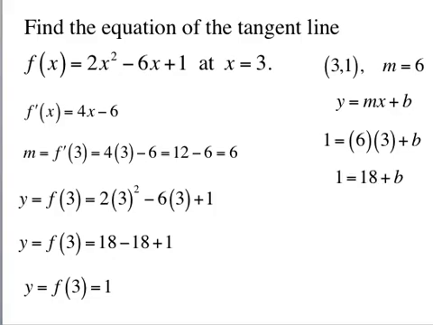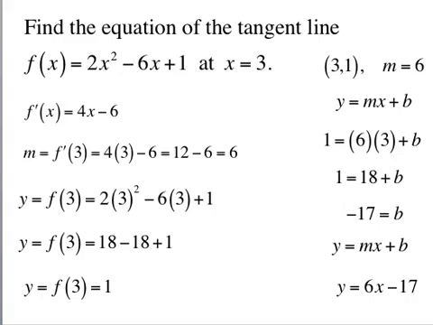Subtracting 18 from both sides, -17 is b, and m is 6. We want to get the equation of our line. We're going to again use y = mx + b, plugging in the 6 for m and the -17 for b. That will give us y = 6x + (-17), or y = 6x - 17.